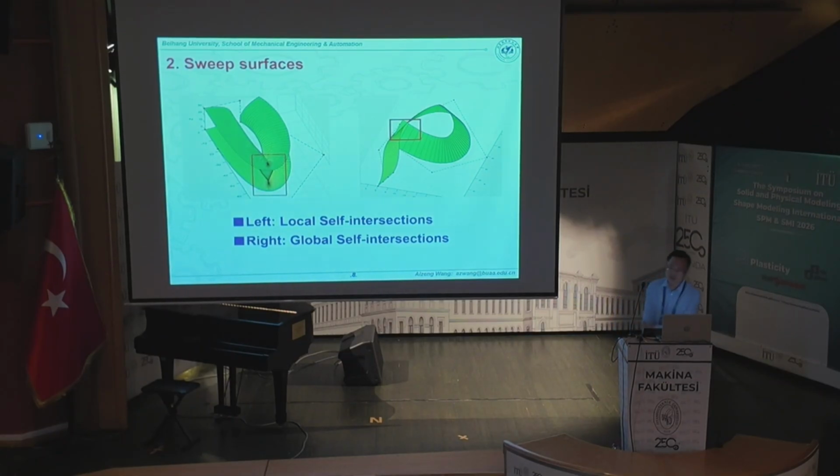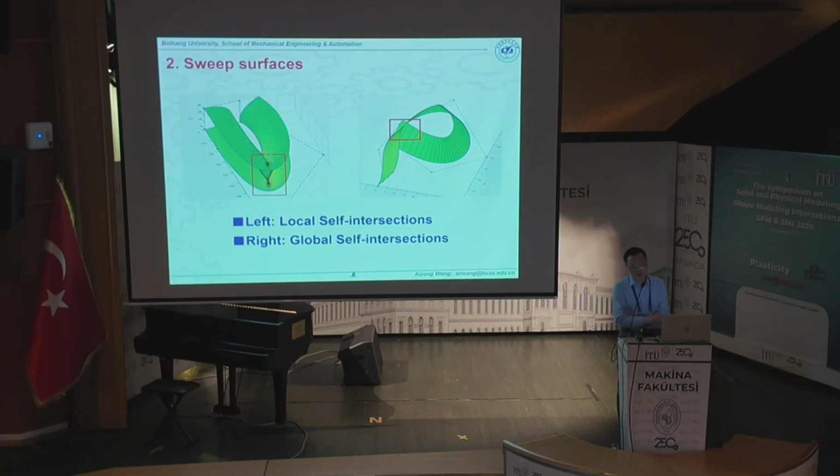Self-intersection in sweep surfaces can be classified into two types: local self-intersections and global self-intersections. Local self-intersections arise when the offset distance from a point on the profile curve exceeds the curvature radius of the spine curve, which is related to the spine's local curvature properties.